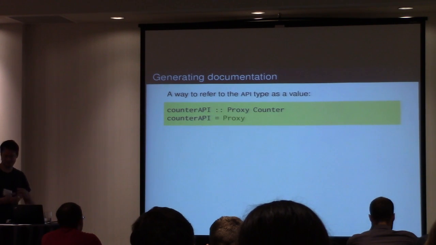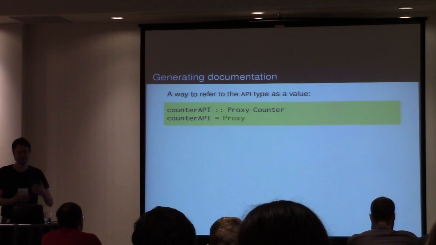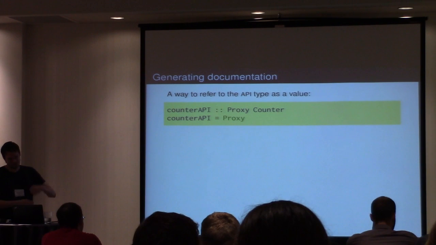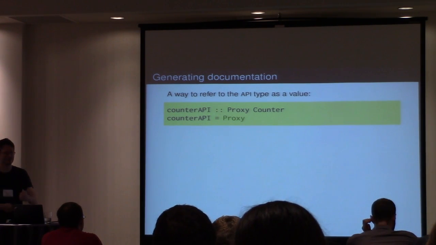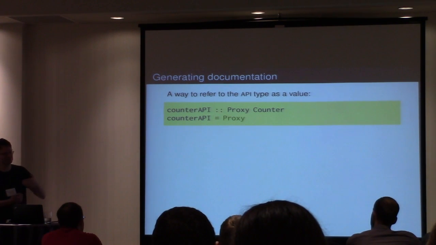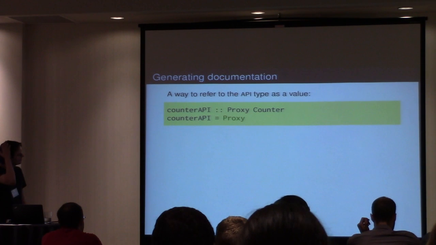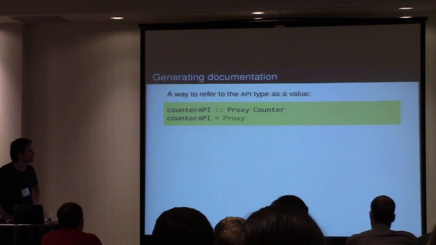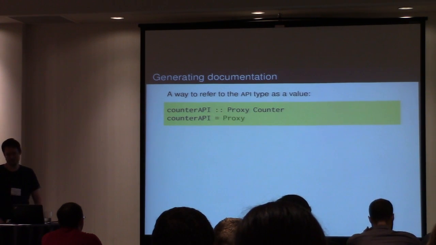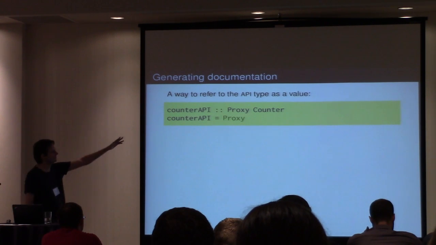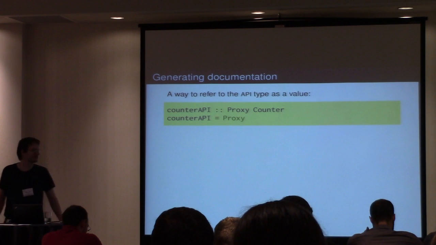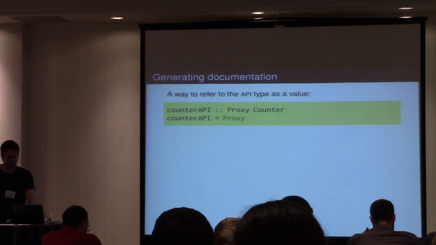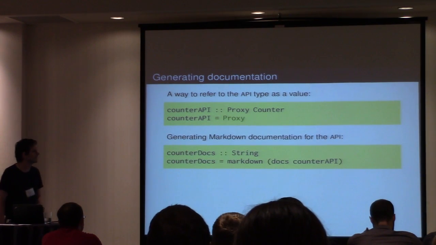If you want to call a function to generate the documentation, and you want to say, I actually want this API that is the counter corresponding to the counter type, you somehow need to link the value and the type level, and you can use a so-called proxy for that. The proxy has no computational content, it's just a value, but it's tagged with the type that we are interested in, in this case counter.